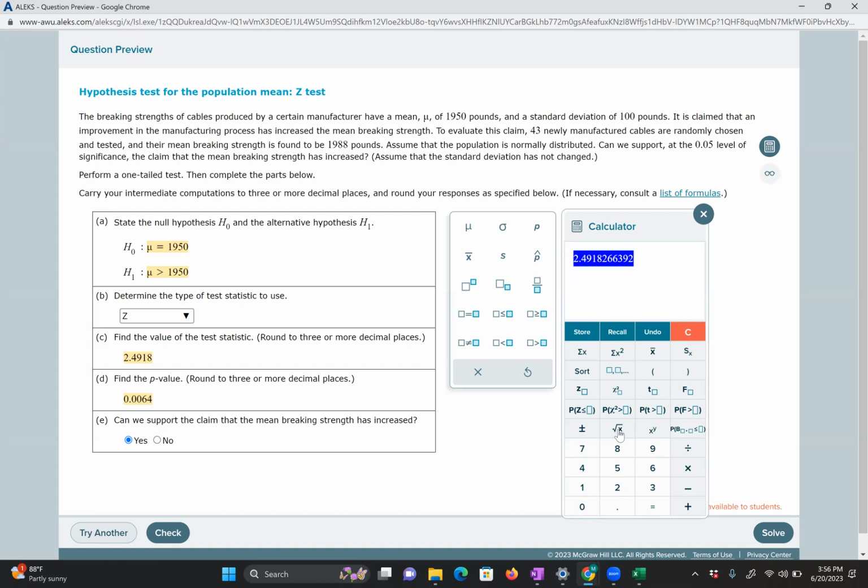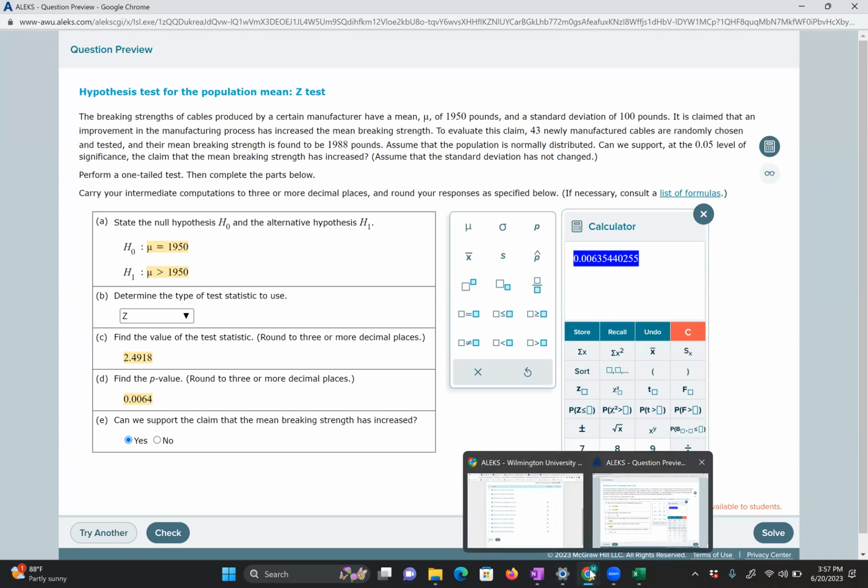And that gives us our z-score, 2.49. Now, if you want the p-value of this, let's go ahead and play with this. See how you get 0.99, and in this case, because it's greater than, you go 1 minus that. And there's your answer, 0.0064. You just have to round it yourself.